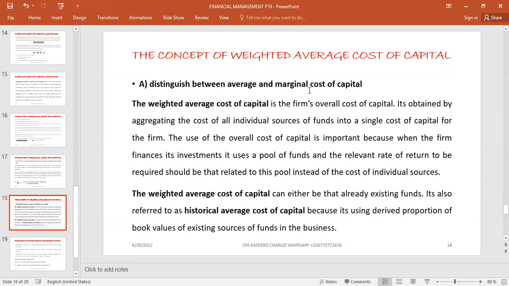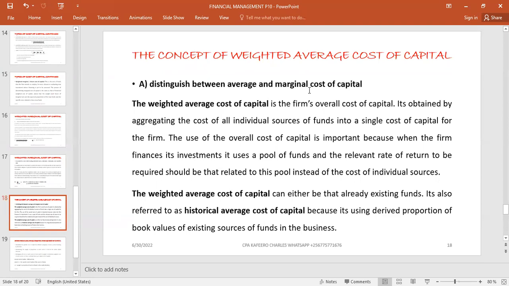The weighted average cost of capital is the firm's overall cost of capital. I'm repeating: weighted average cost of capital is the overall cost of capital. What do we mean by that? It is when you get the average.